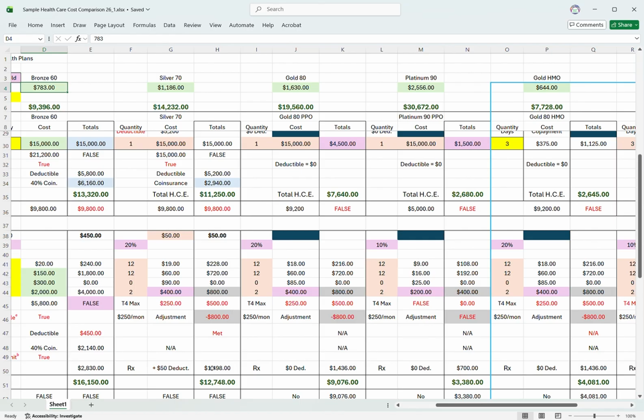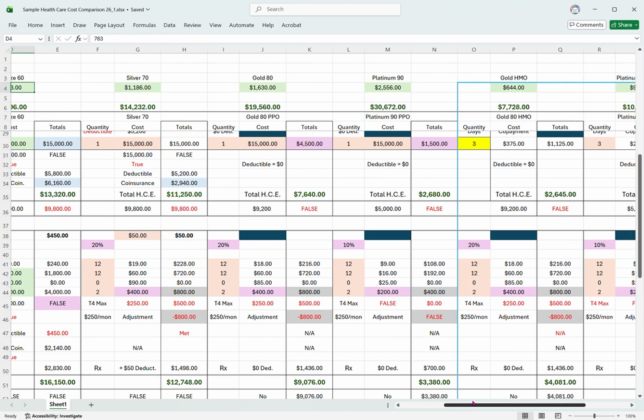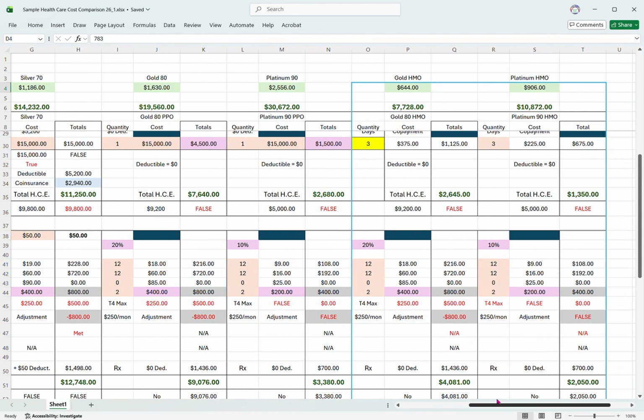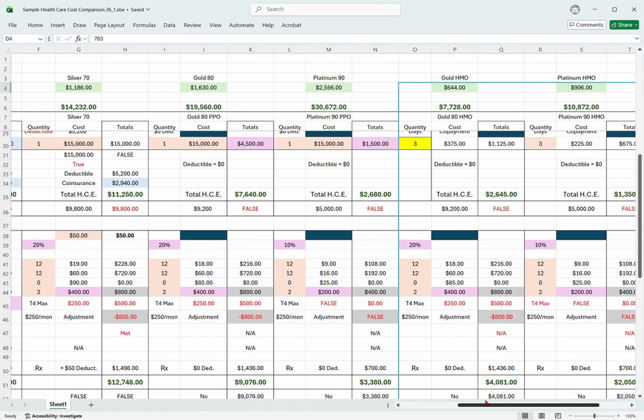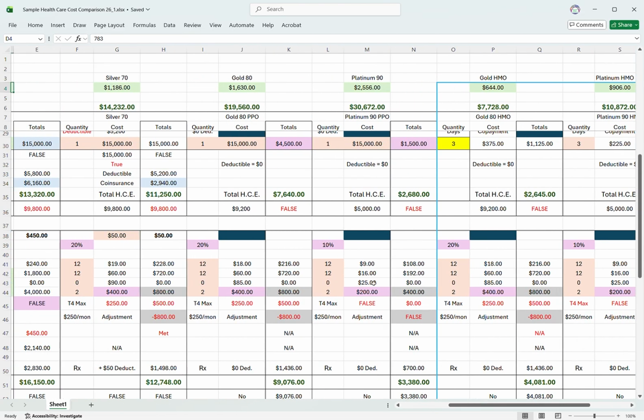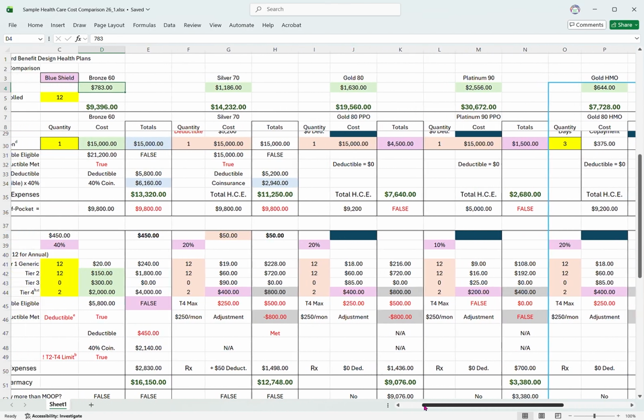So you can see how the drug costs are limited by that $250 maximum on the tier 4, and that goes all the way across. Where it is not triggered in the platinum plans, then the adjustment is false, because this tier 4 drug is only $200 if you have a platinum plan, because it's 10% coinsurance of the retail amount.